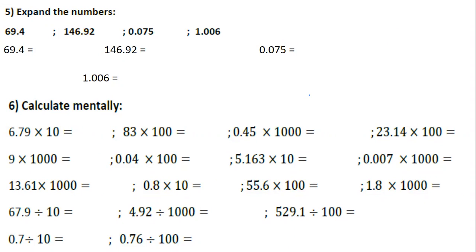As I said, Lamar, what is the whole part in 69.4? 69. Yes, so we write 69 as it is, right? Then we write plus. What is the decimal part? 4.